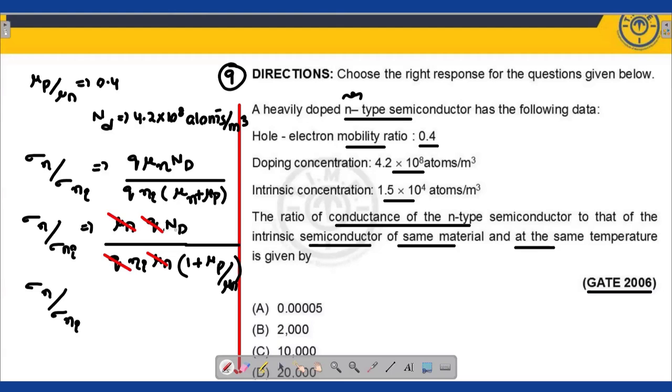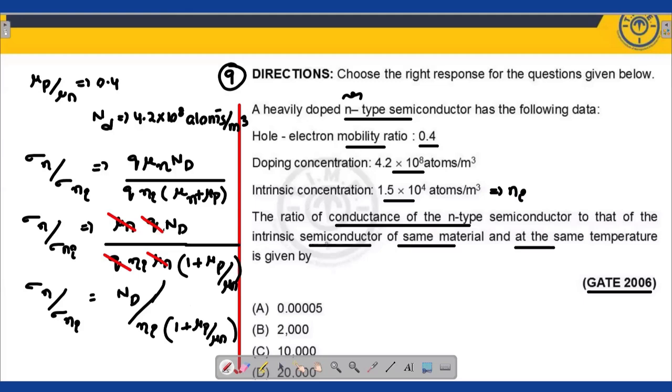So here ND is there in the top, and in the denominator, keeping Ni common, it is 1 plus mu p by mu n. He has given the doping and intrinsic concentration also; this is intrinsic concentration Ni.